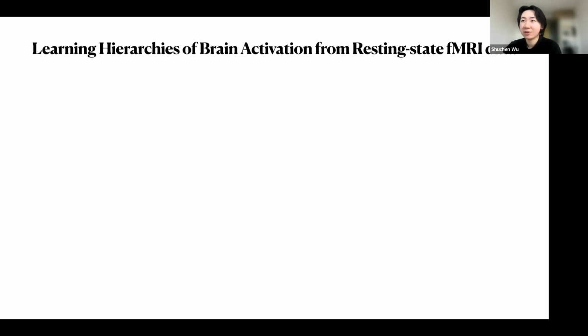So one thing we have tried to use this algorithm for is to learn hierarchies of brain activation from our brain recordings, because it is related to this theory in neuroscience that there is a network of activating functional units that exist in our brain.